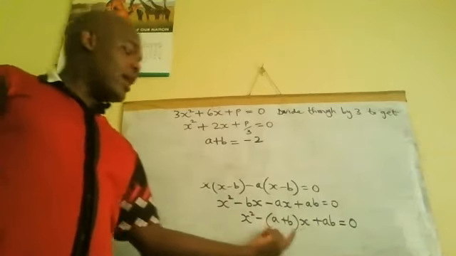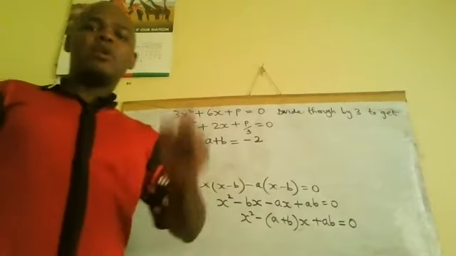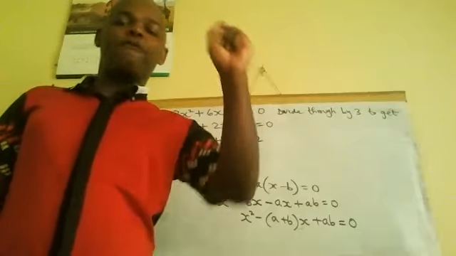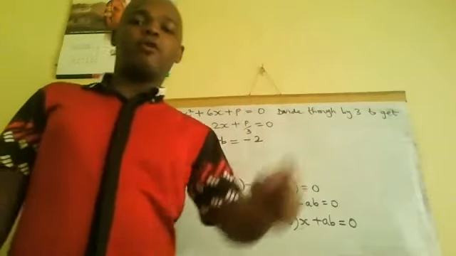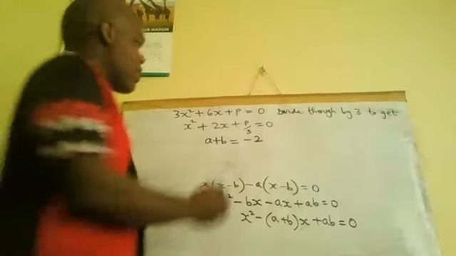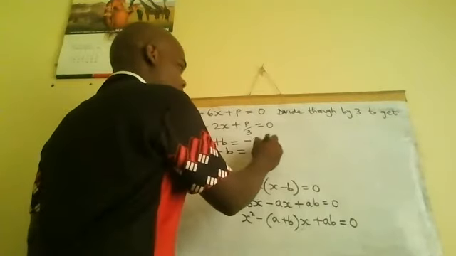That means a plus b is -2. But the question told us that the roots differ by 4. So the difference of the roots is 4, which means a minus b is 4.